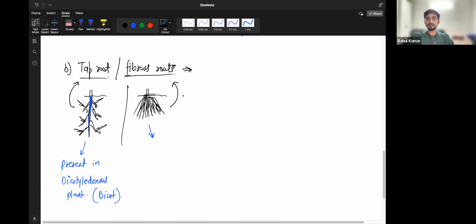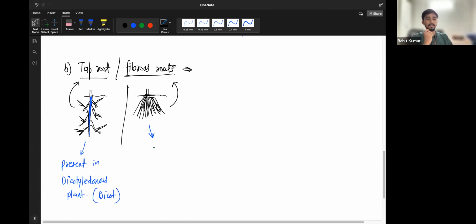In fibrous root system, the primary root is short-lived.